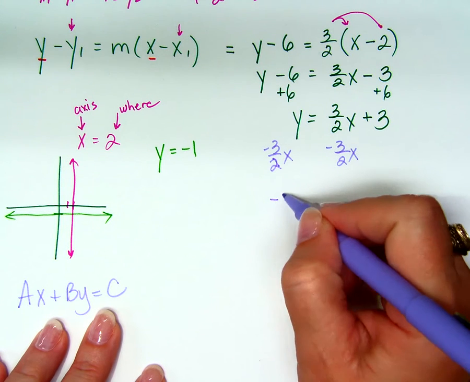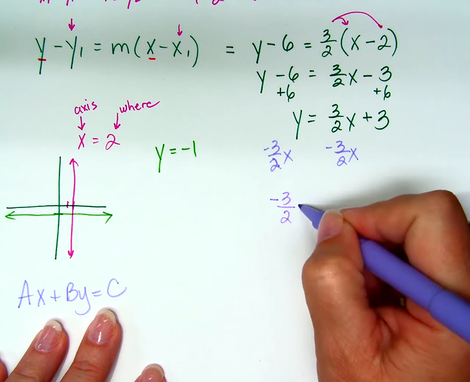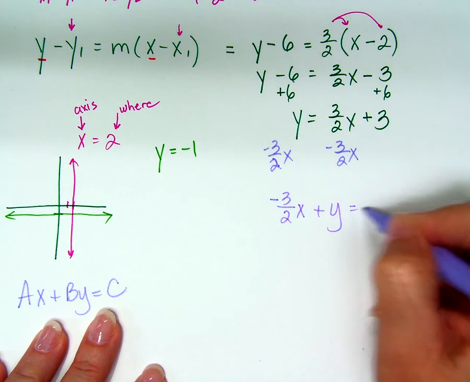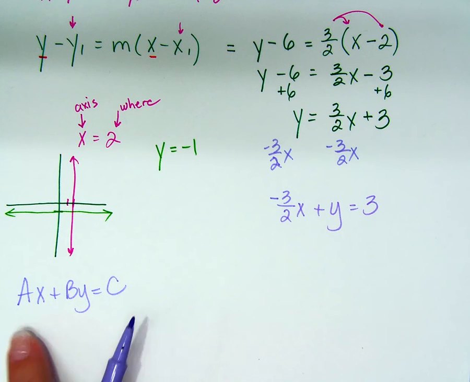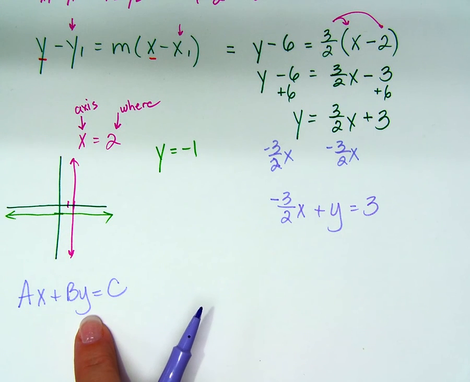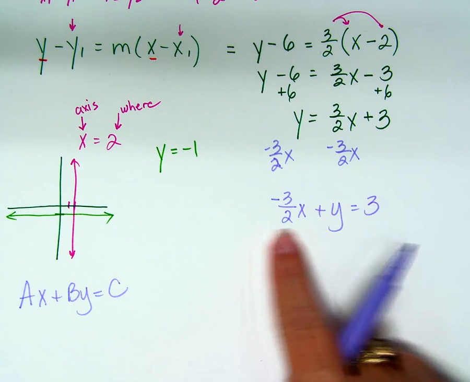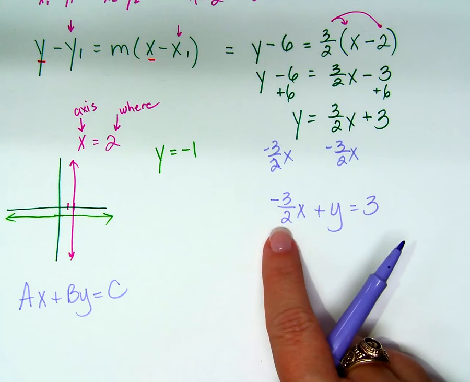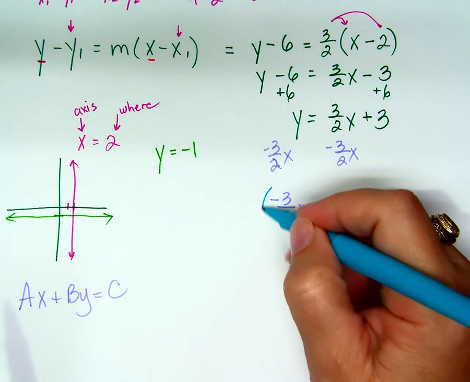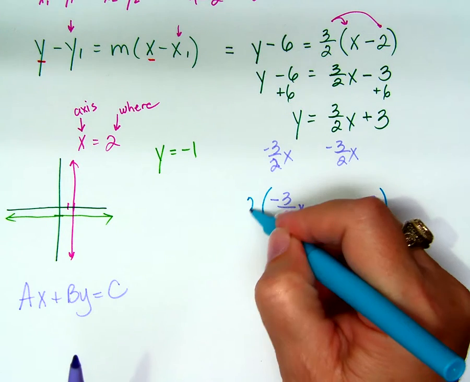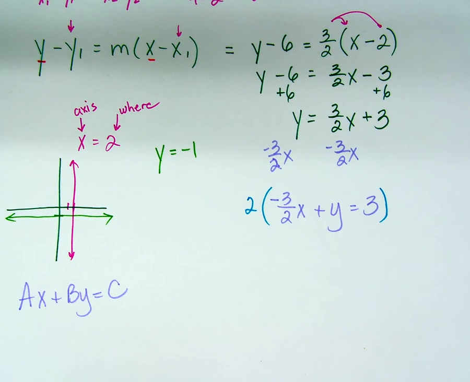But the other thing about standard form, it has some kind of specific rules about a and b. Okay? A and b cannot be fractions. So what am I going to do to this equation to get rid of that denominator of a 2? Yep. I'm going to multiply the whole entire equation by 2 to make that denominator go away. Okay?